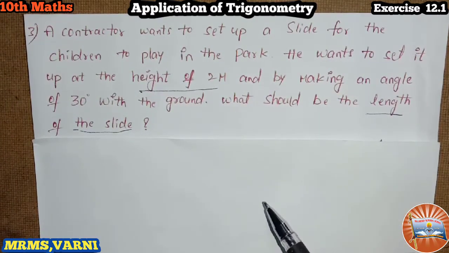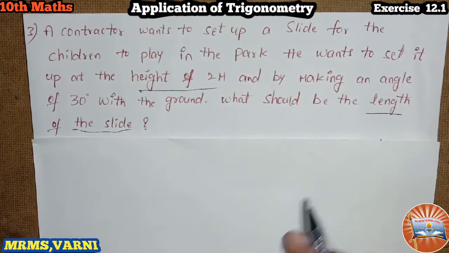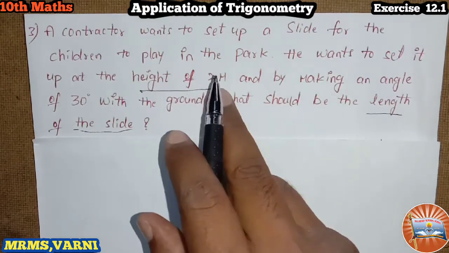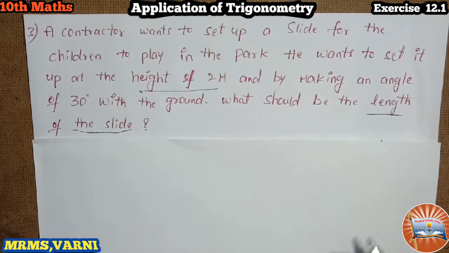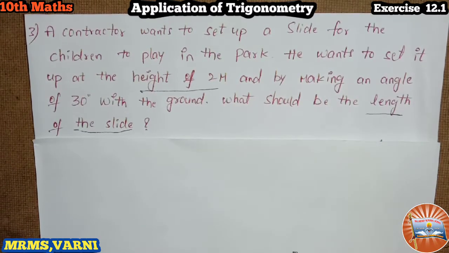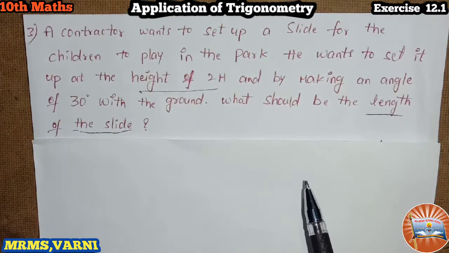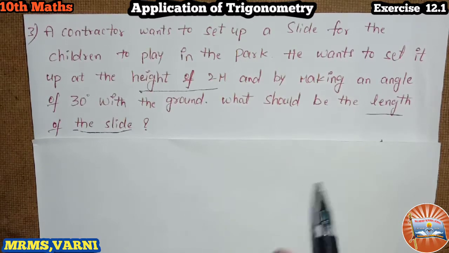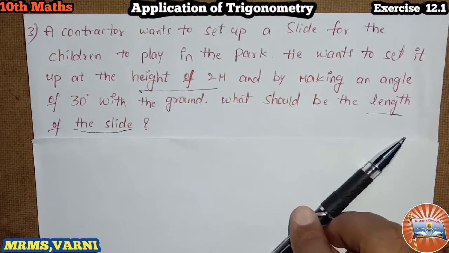To solve this problem, let us imagine a diagram for this. The height of the slide from the ground we imagine like a straight line. Generally, the slides we see in parks, grounds or temples are like a slant height.